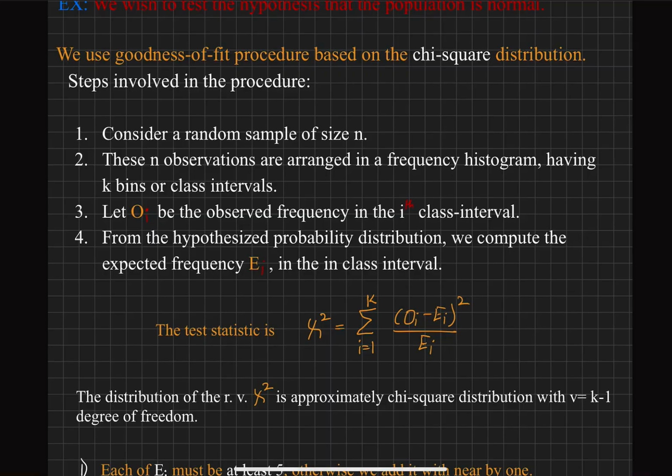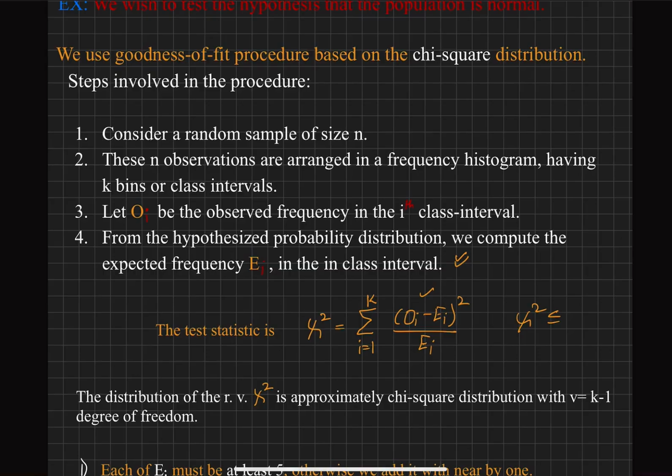If the distribution we assume is a good fit for the obtained values, then the difference between the obtained value and expected value is expected to be very small. That means the chi-square value must be very small. It cannot be very large.